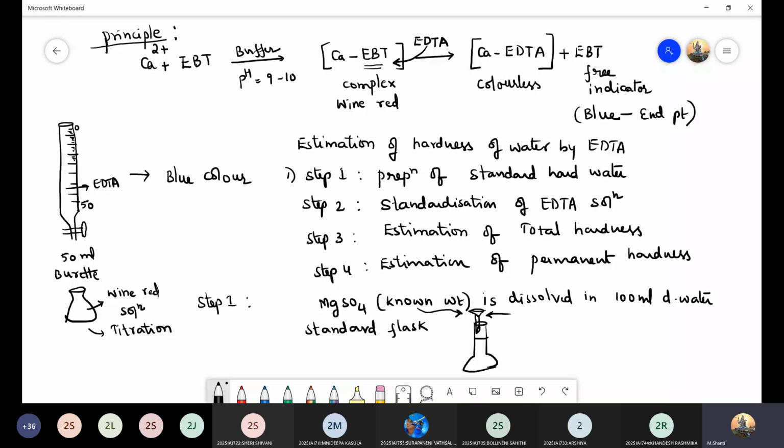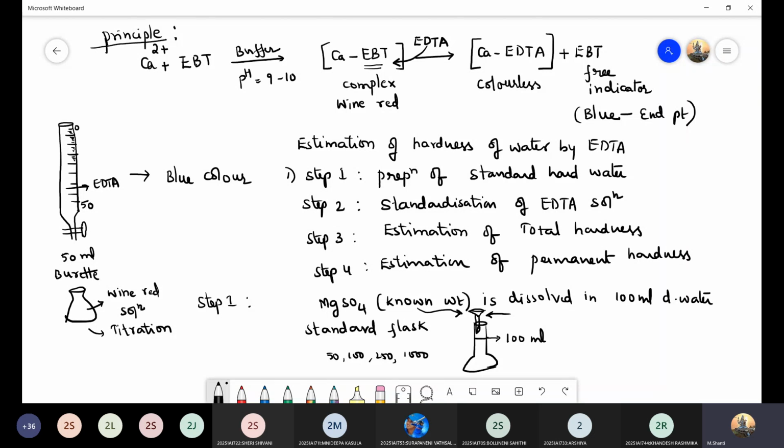So to get a clear solution, add MgSO4 of known weight, add a little quantity of distilled water and then shake it thoroughly. Once you get a clear solution, then add the remaining amount of distilled water up to the mark. This mark means 100 ml. Depending upon the capacity of the standard flask, you will have 50 ml or 100 or 250 or 1000 or 5000.